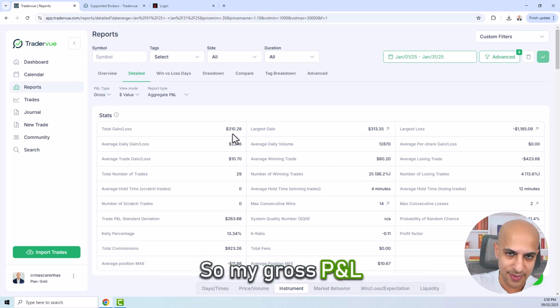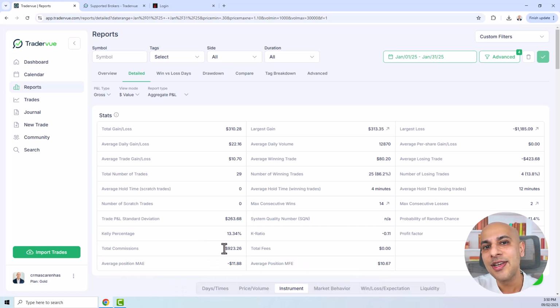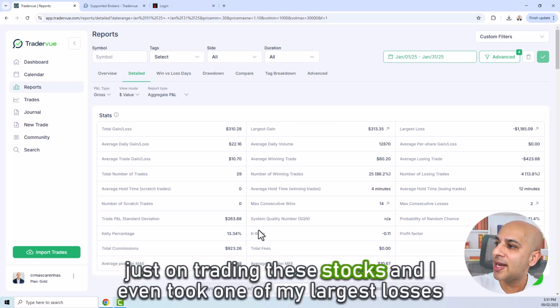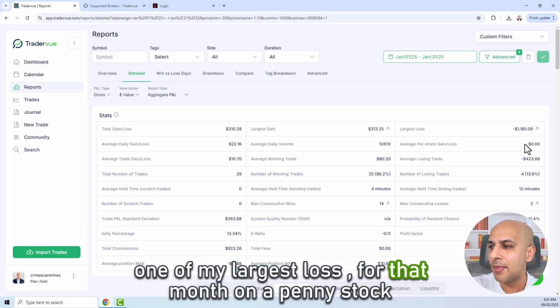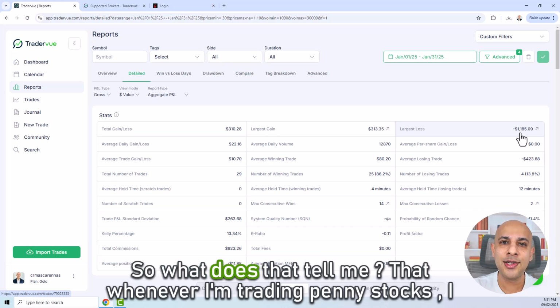So my gross PNL on this was $310, guys. But I didn't make any money because I paid $923 in commissions just on trading these stocks. And I even took one of my largest losses for that month on a penny stock. So, what does that tell me?